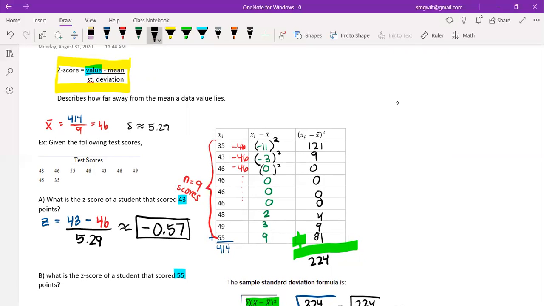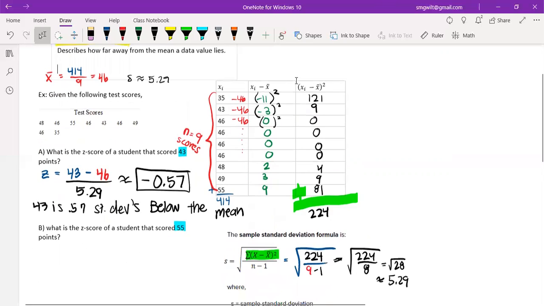So that means that 43 is 0.57 standard deviations below the mean. Again, I know it's below the mean because it's negative.